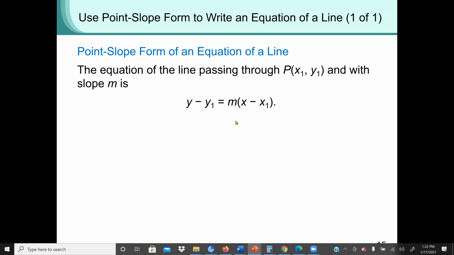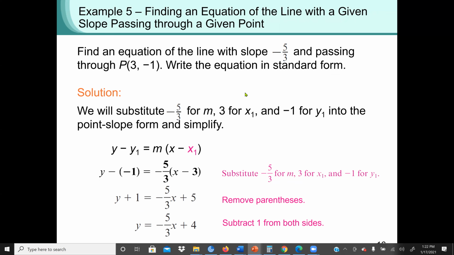Remember, the slope formula is y minus y1 over x minus x1. So if they say we should find the equation of a line, and they gave us the slope and they gave us the point, we can just use this expression, y minus y1 equals m times x minus x1. We plug in the values for the slope and the point x1, y1. So x1 is 3, y1 is -1.